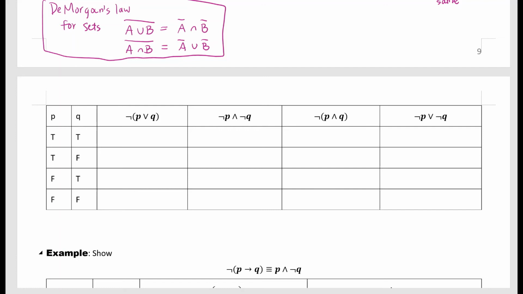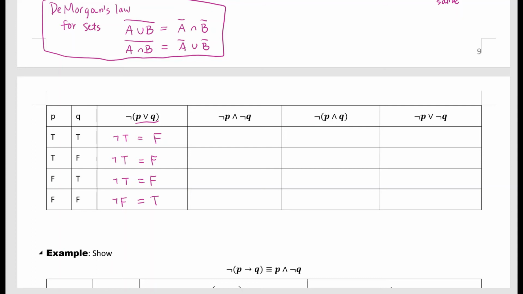Here we first compute P or Q. True or true is true, and then not true is false. True or false is true, and then not true is false. False or true is true, not true is false. False or false is false, not false is true.